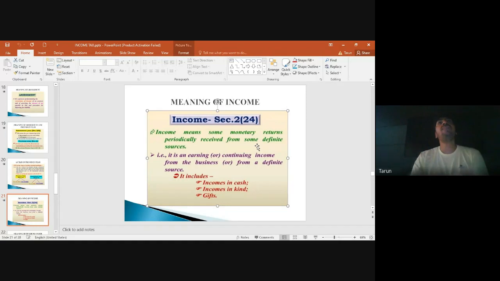Every income is calculated under various categories. You need to understand how to calculate income under capital gain, under salaries, from house property, and from the agriculture sector or agriculture farms.